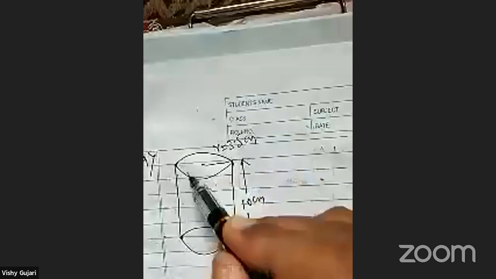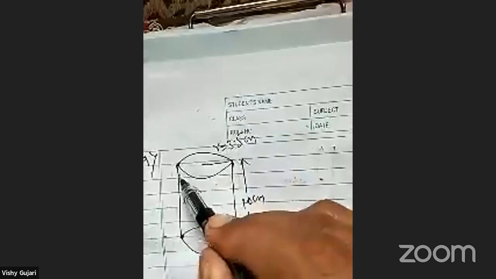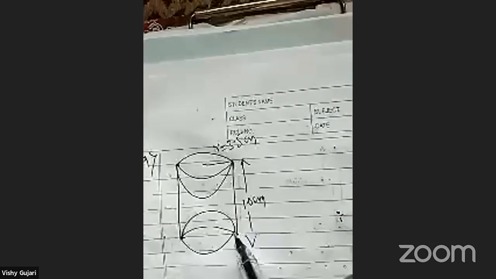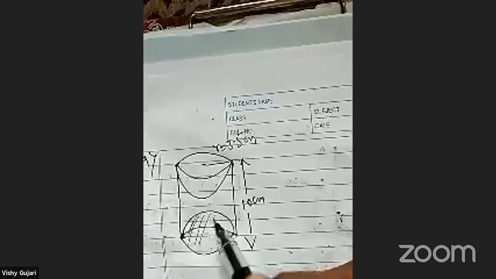Now, from this, a hemisphere is scooped out here. Similarly, here also a hemisphere is scooped out. This much area is taken out.